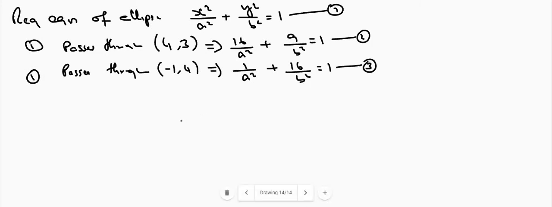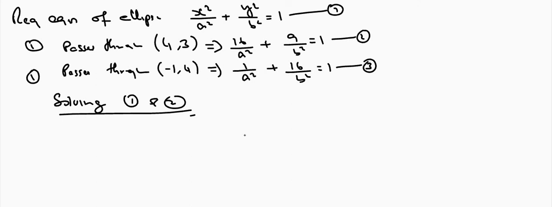Solving equations 2 and 3, we have to find the values of a square and b square, by the method of elimination or substitution.